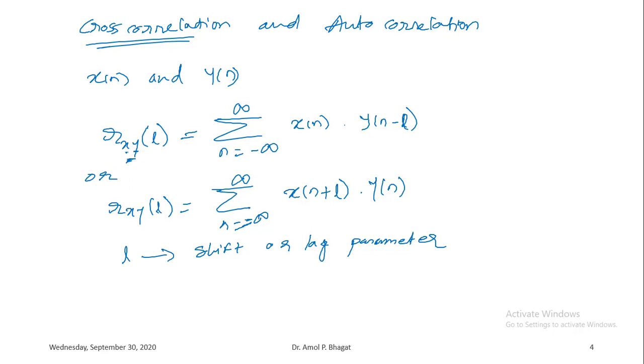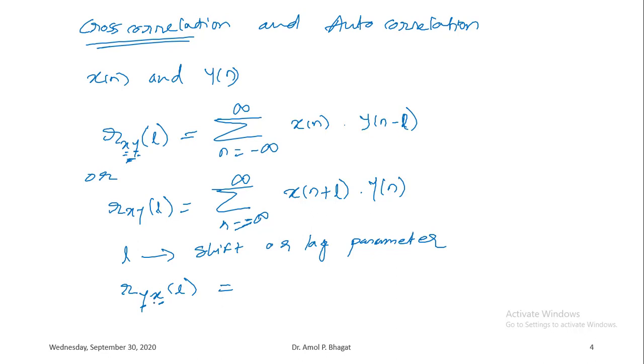The order of the subscripts represents which signal has been correlated with another signal, or the direction of the correlation. That means you can also represent the correlation as ryx of l. In this case y of n is correlated with x of n, while in the previous case x of n is correlated with y of n.